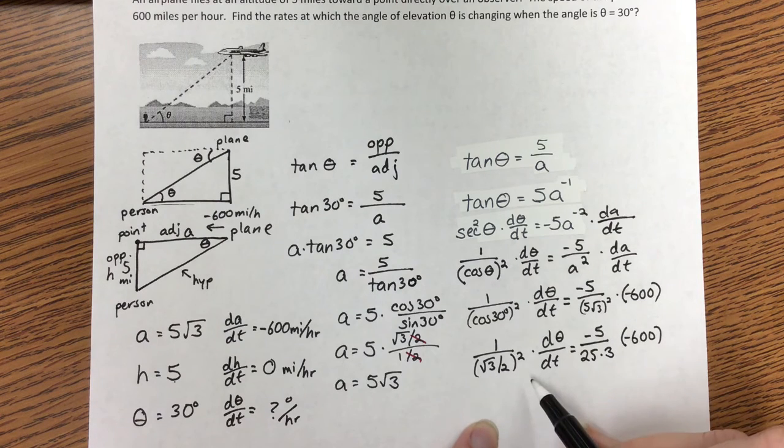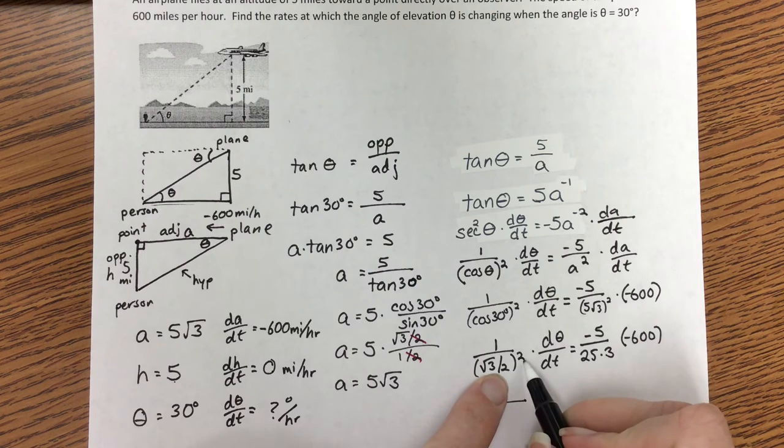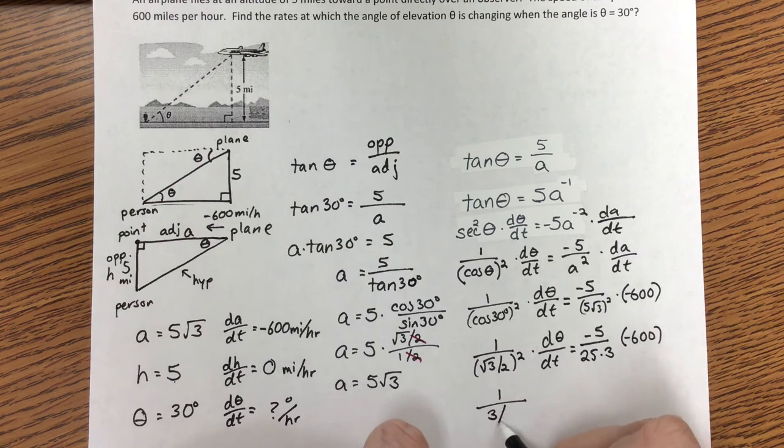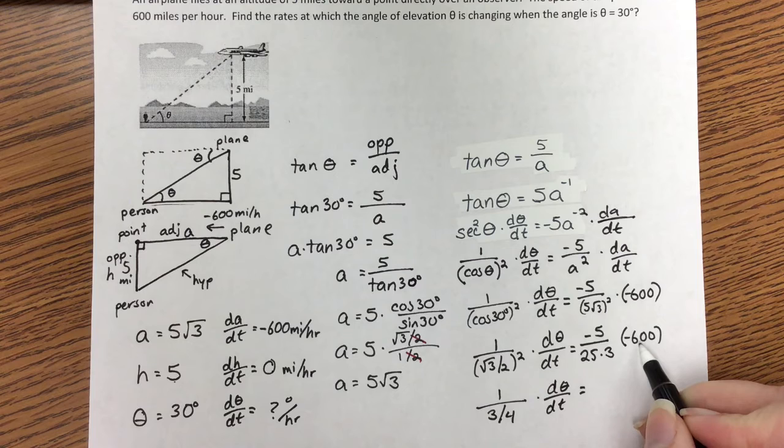Over here, this is kind of nasty. Also, we got 1 over, square both pieces. Squaring square root of 3 is just 3, over 2 squared is 4, times d theta/dt equals, we get a positive number multiplying those together.